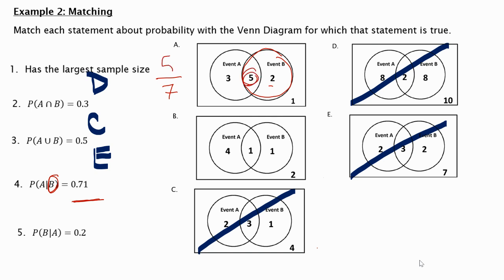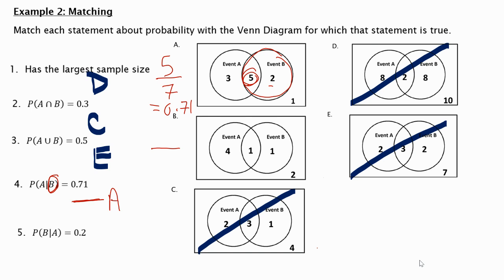So this first one would be 5 over 7, which would be 0.71. So A would pair with number 4. That's what we're looking for.